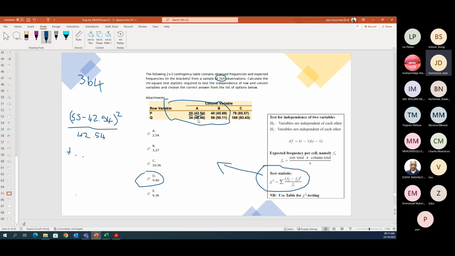Definitely not like that. So we did basically the independent ones. We looked at the degrees of freedom, we looked at expected, and we now looked at this.